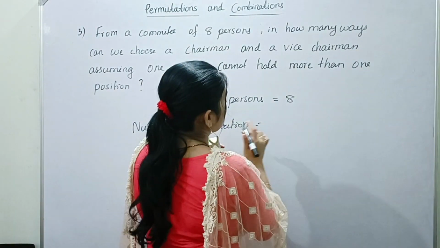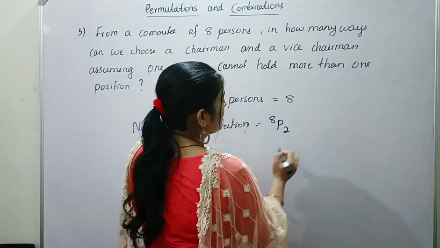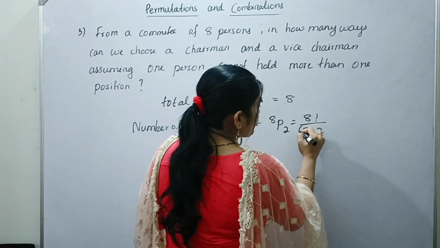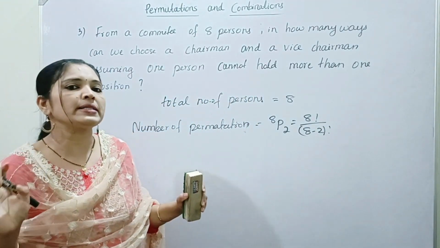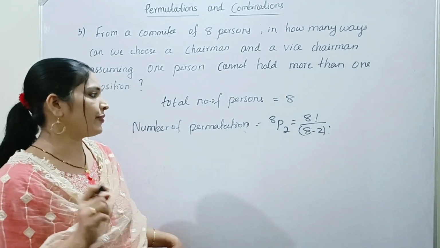What is n here? 8. What is r? 2, right? That is 8 factorial divided by 8 minus 2 factorial. N factorial divided by n minus r factorial.